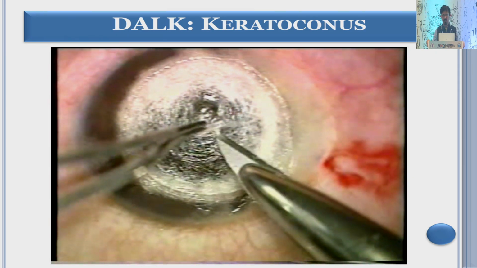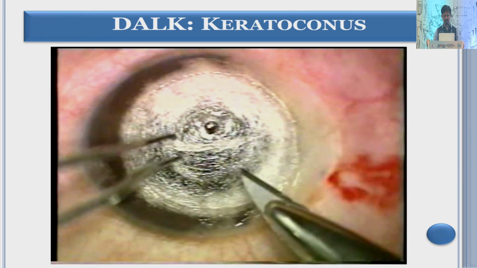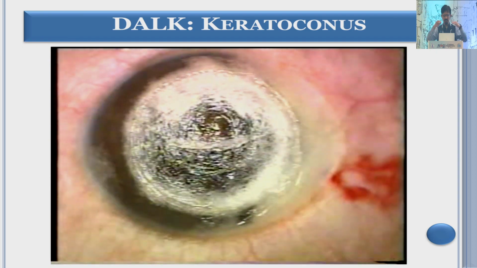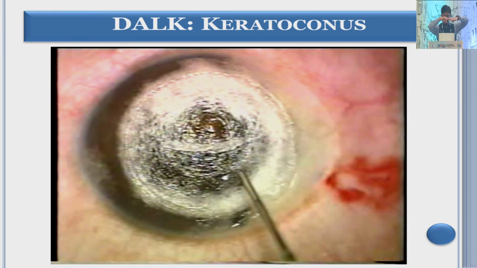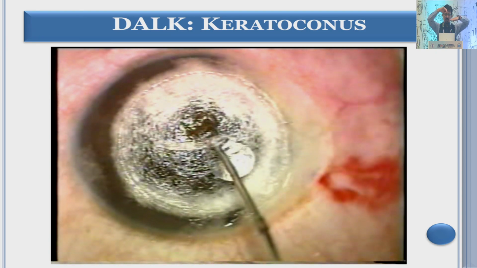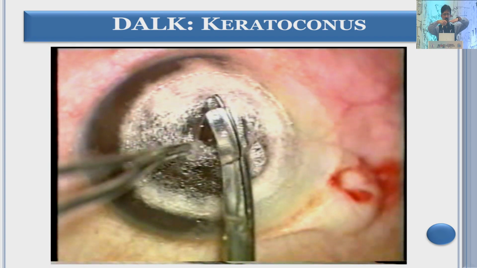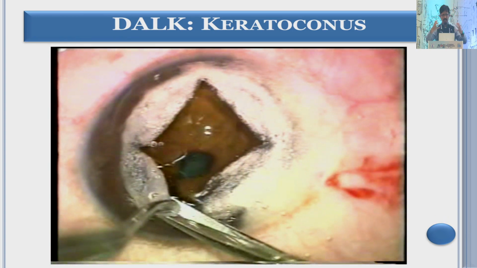And once we have created a bubble in the predescemetic space, we separate the whole of stroma. This is the Big Bubble technique, as it is called. So this means that as you make a nick and you reach the predescemetic stage, what happens is that the air escapes. So then you inject viscoelastic, high viscosity viscoelastic, so that the Descemet's falls again.